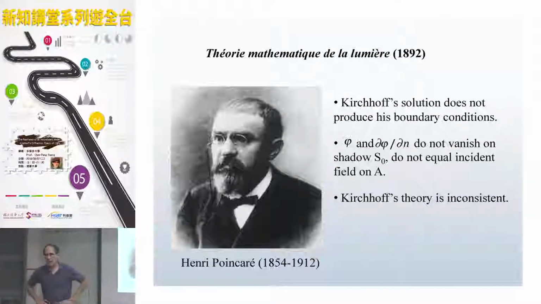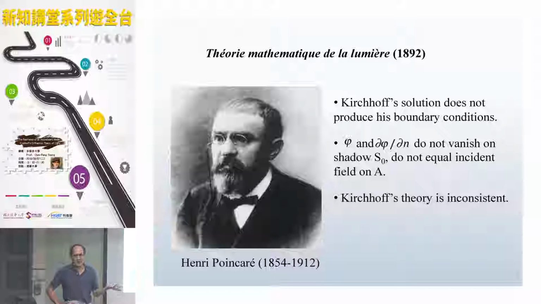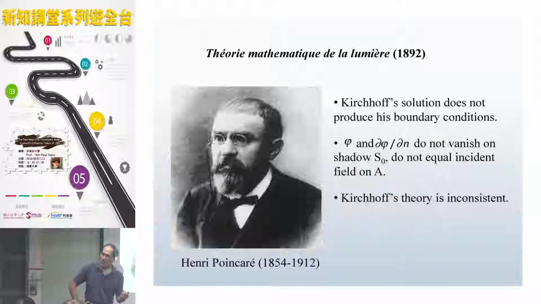But then the happy story did not last long, because a few years later, in 1892, the French mathematician Henri Poincaré wrote a book. In part of the book, he dealt with light diffraction, and in that part he had a challenge to Kirchhoff's theory.